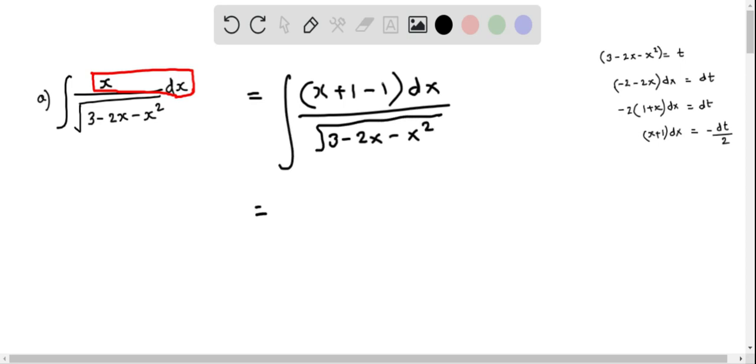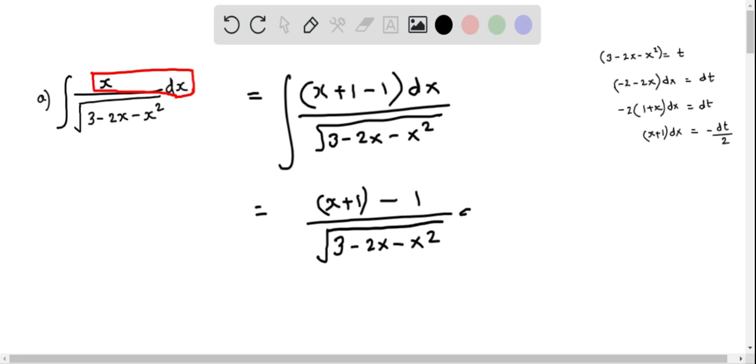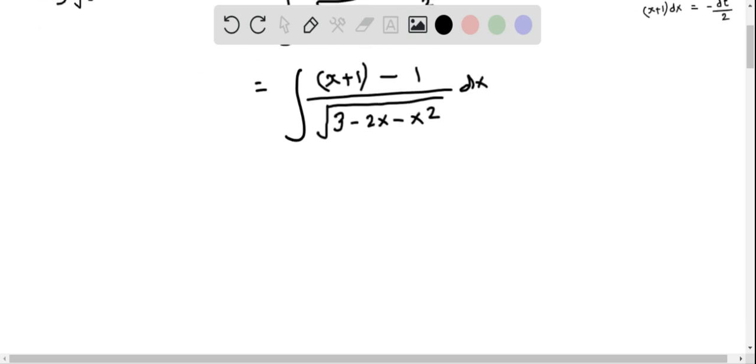So this could be split into two fractions like this. I can consider this x plus 1 as one part and negative 1 as another part, divided by the same factor, that is 3 minus 2x minus x squared under the root. We have this dx.